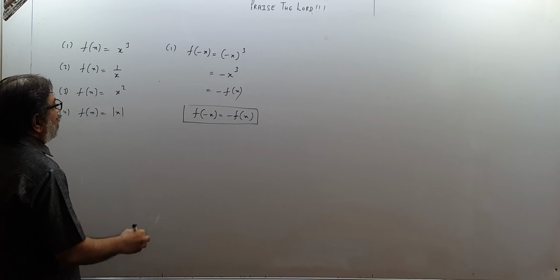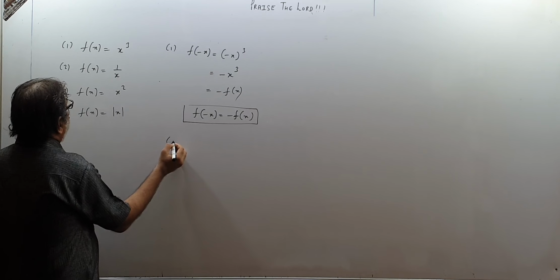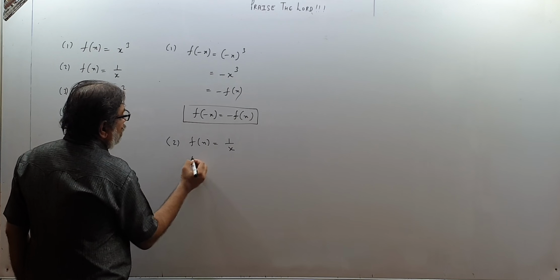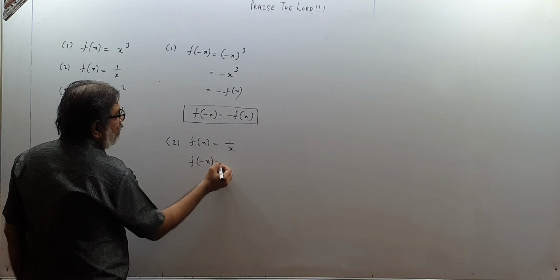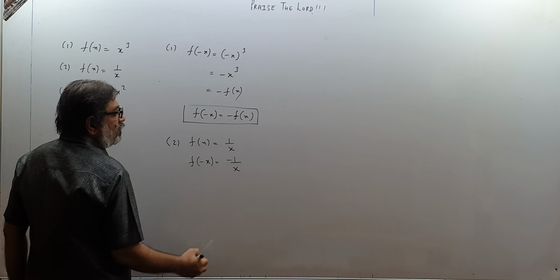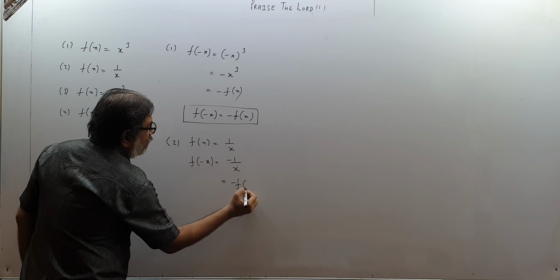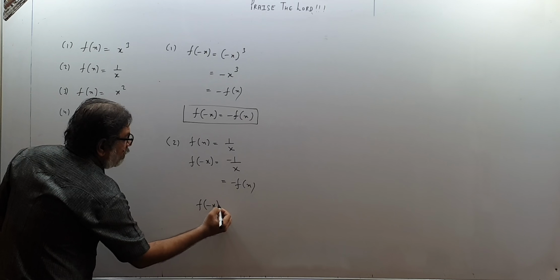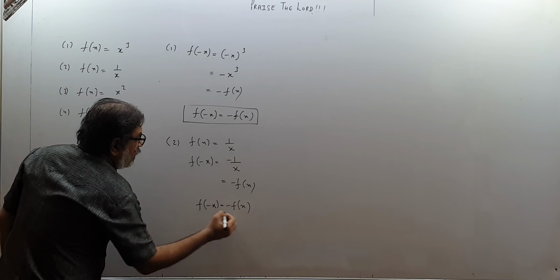Now the second, f(x) is 1 upon x. What about f of minus x? This is minus 1 upon x and this is minus f(x). So again in this case I find that f of minus x is minus f(x).